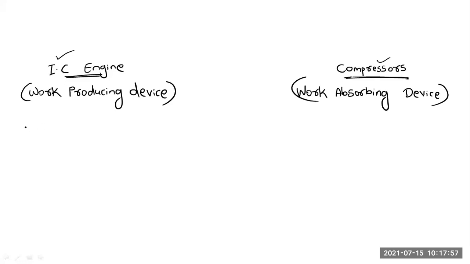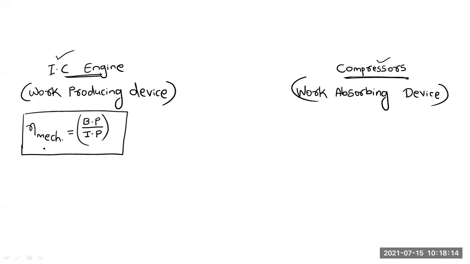For example, for IC engine, mechanical efficiency is equal to brake power divided by indicated power. So this is the formula that we are using for an IC engine. In case of a compressor, we are going to use exactly the reverse. For a compressor, we write the mechanical efficiency equal to the opposite formula, indicated power divided by brake power.